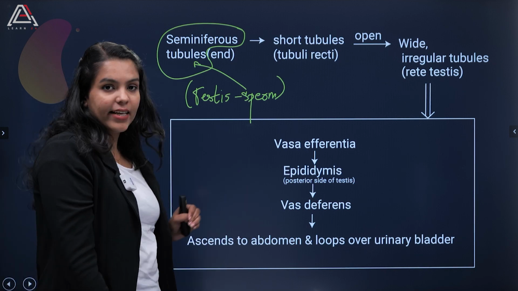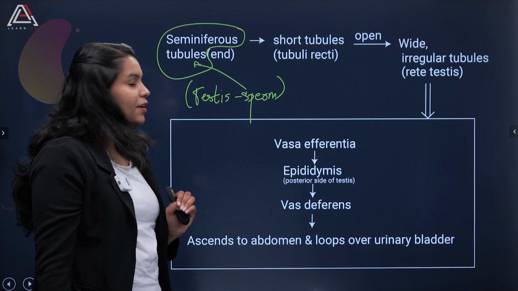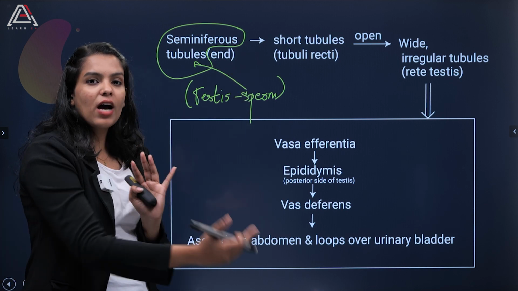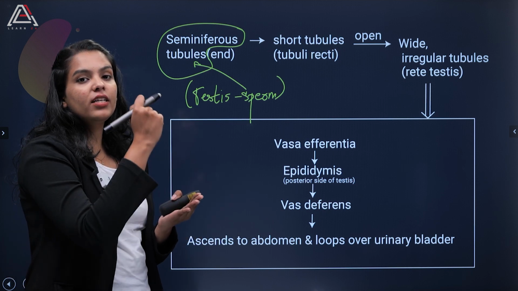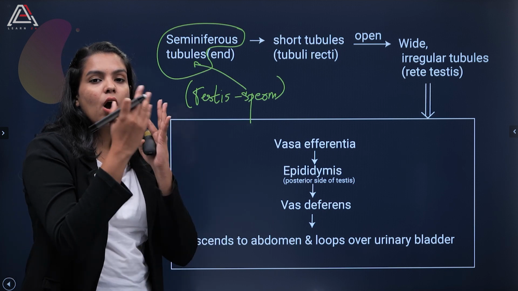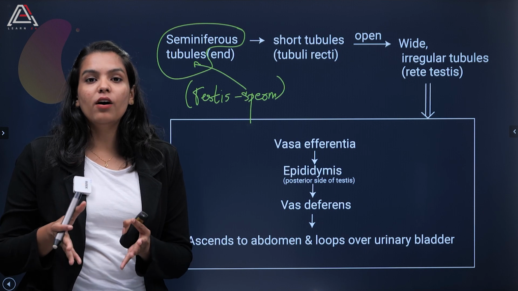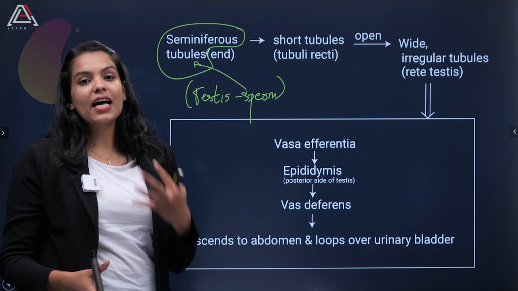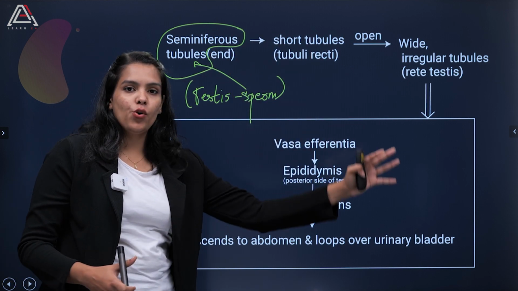So inside the testis, in the seminiferous tubule, the sperms are produced. Talking about its transportation, after being produced in the seminiferous tubule, what is the journey of the sperm from the inside towards the outside? That journey we will be learning in a flow chart manner.